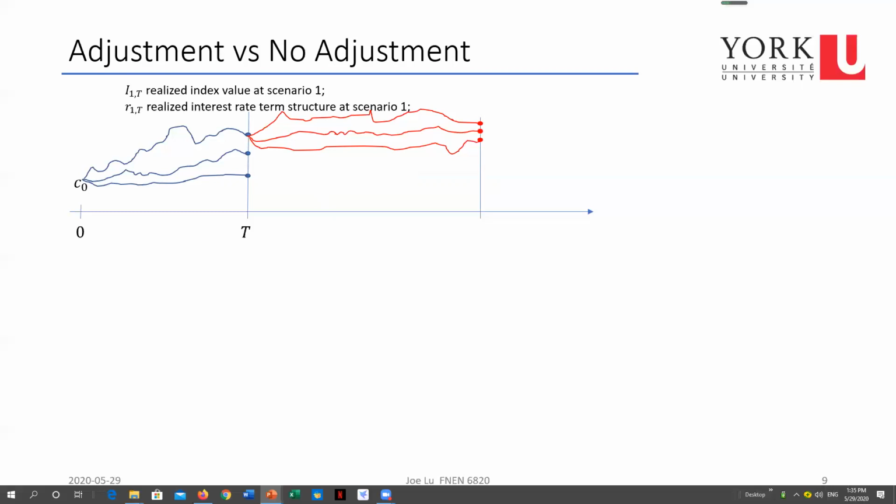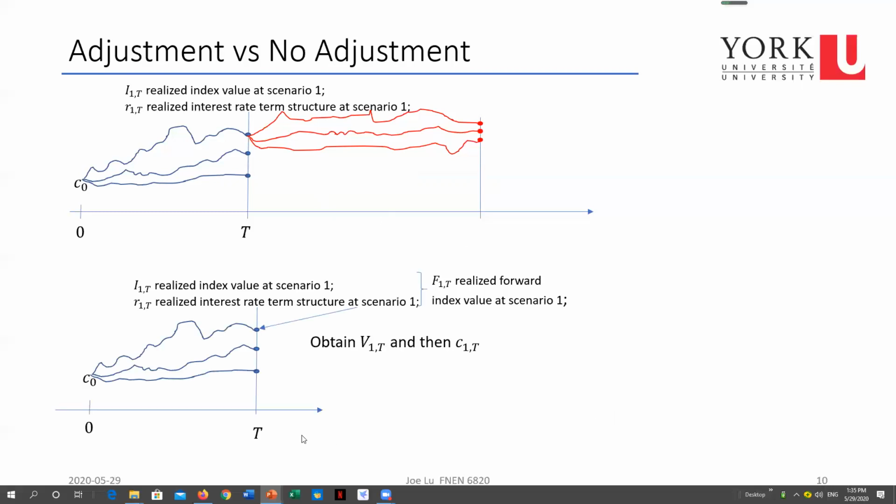which makes it not very feasible. On the other hand, if you don't go through this, you only simulate the realized index value and realized interest return structure at the maturity time of the option C. From this you can calculate the realized forward price, the forward price between this time and this time.